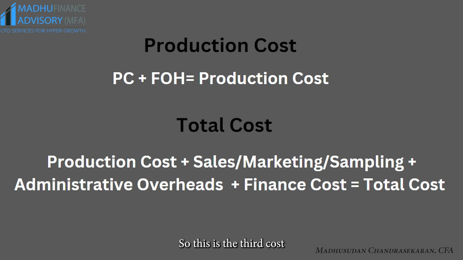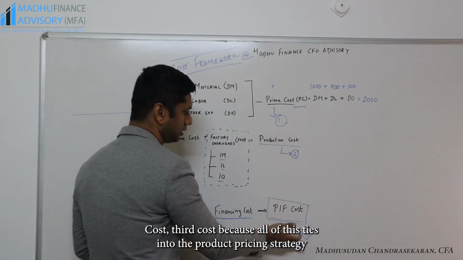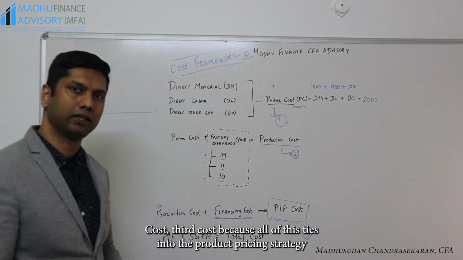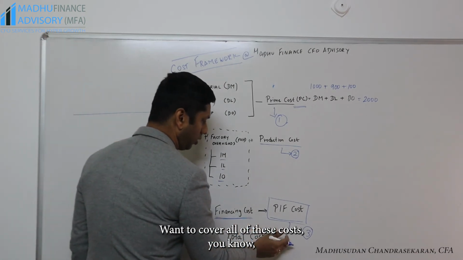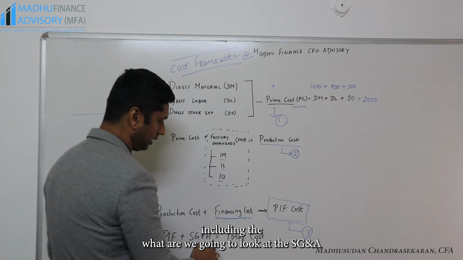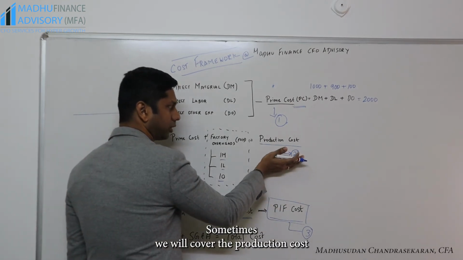So this is the third cost. Why am I saying this is first cost, second cost, third cost? Because all of this ties into the product pricing strategy. Sometimes we will want to cover all of these costs, including what we're going to look at, the SG&A. Sometimes we will only cover the PIF cost. Sometimes we will cover only the production cost.